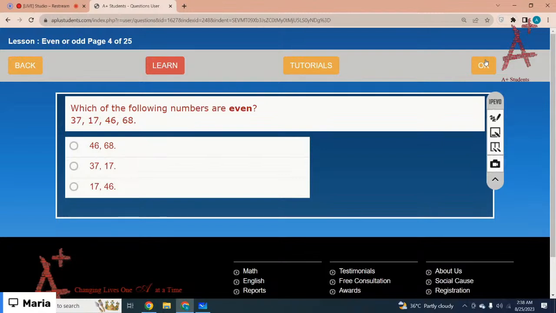The even numbers are 46 and 48. Option number 1 is the correct option.